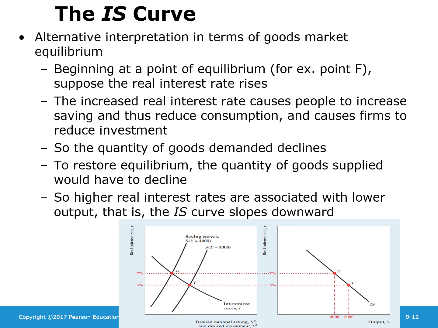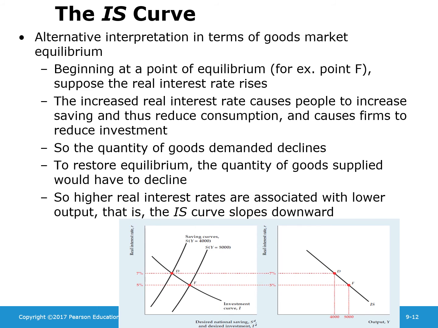So the relation is inverse and the IS curve slopes downward. Why does this happen? Because we need goods market equilibrium at each point. Any change in the interest rate will make this equilibrium not achieved, because it will change aggregate demand.